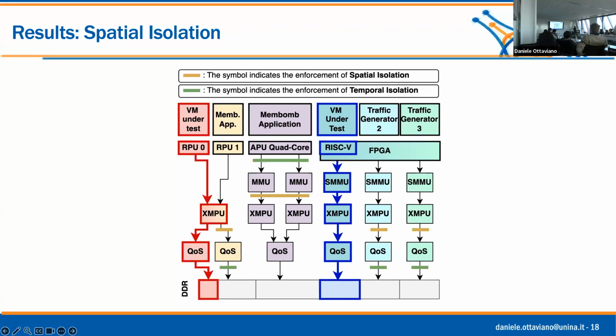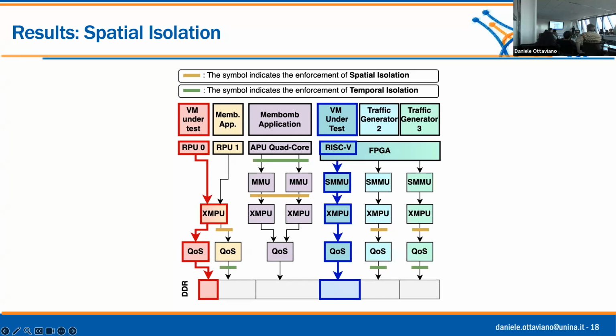To test this spatial isolation property, we run a simple virtual machine under test on the RPU and on our RISC-V. While this application is reading and writing some metrics in a loop as a periodic application, we try to attack the specific area of memory the core is using by using other applications on different cores.